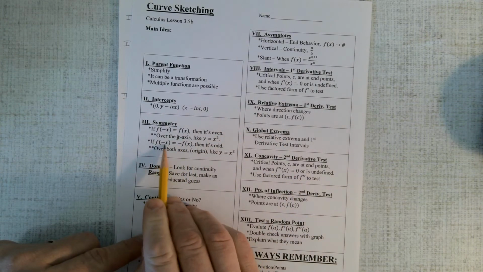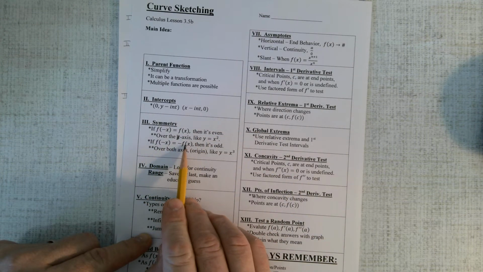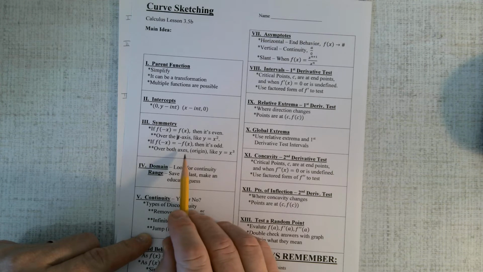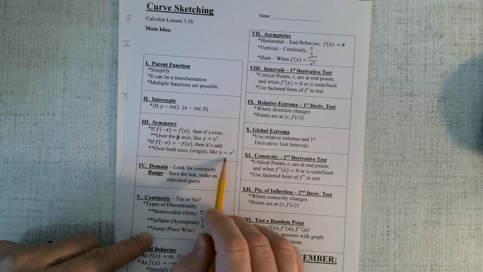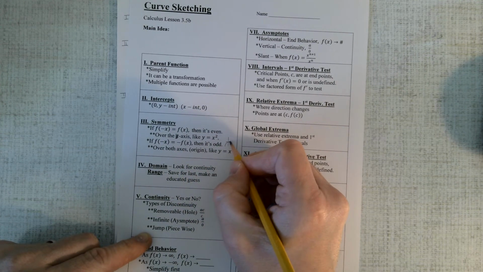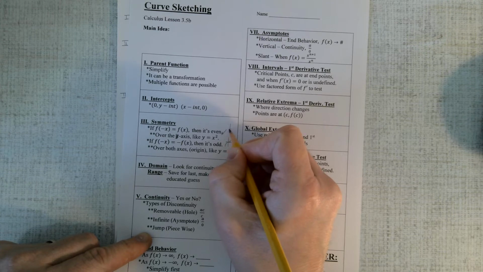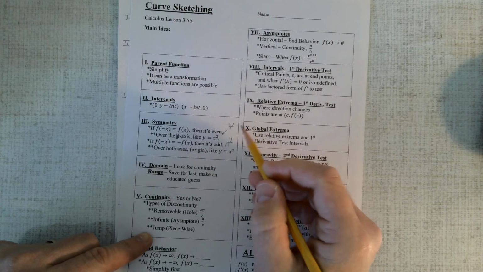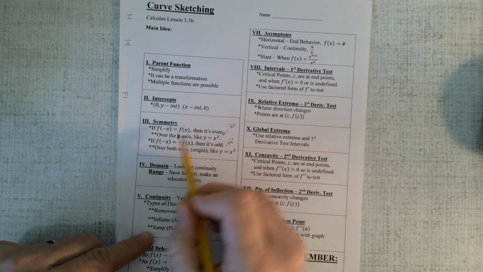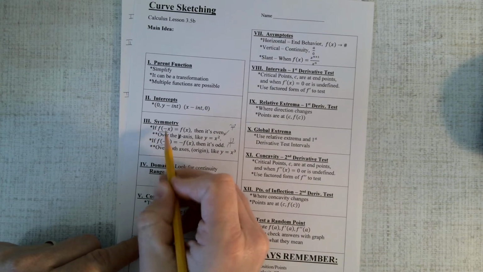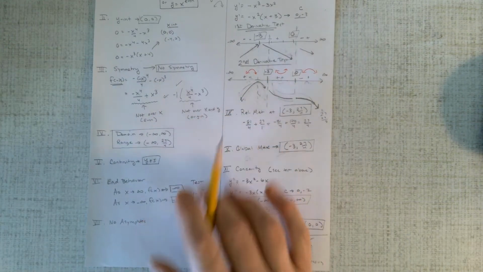And if it's negative, and the negative can be factored out to give you the same thing, then it's odd. That means it's symmetric over both axes, like this function. And this function is odd. This function is even. Even functions, odd functions, and the test is the same. Plug in this.